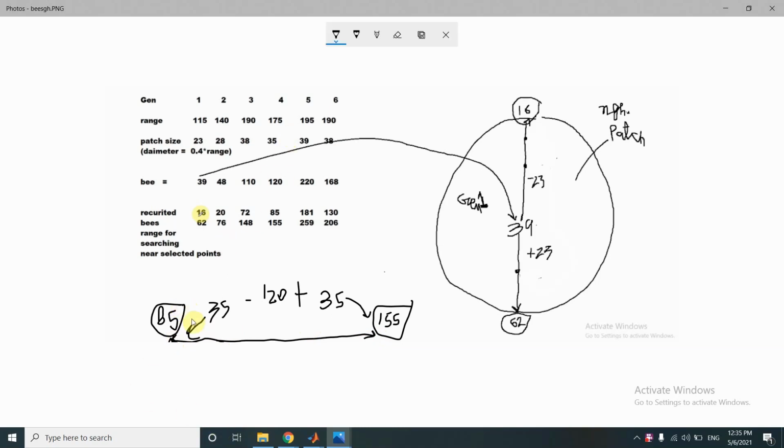So for the fourth dimension, the patch is between 85 and 155. The newbies that will be sent will take up a position anywhere in this patch. The same thing applies for the other dimensions as well. So this is how the newbies will look for food in the positions around the elite site.